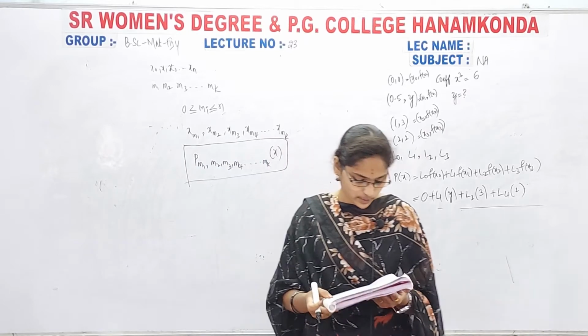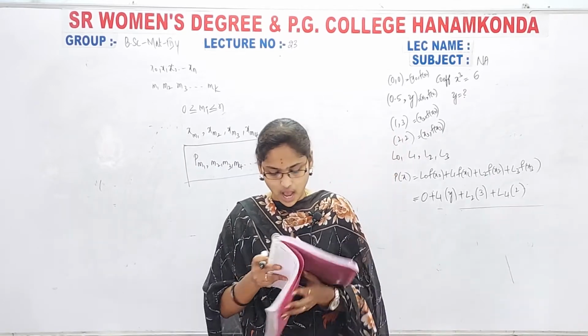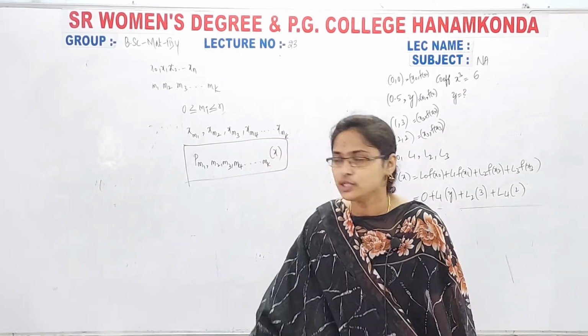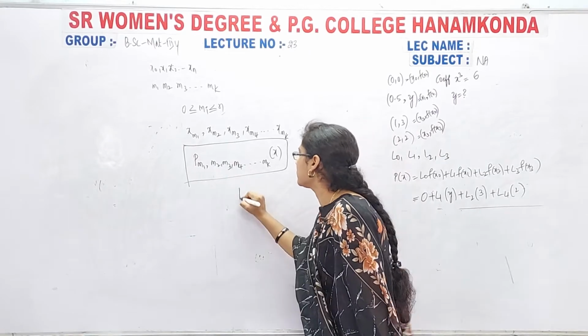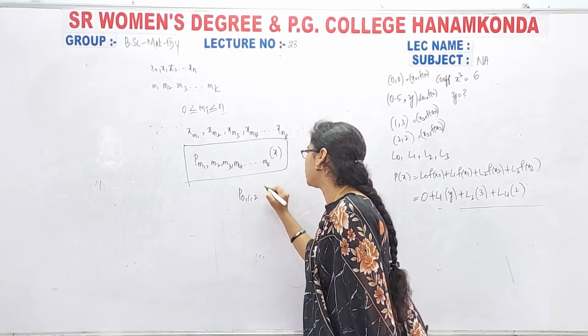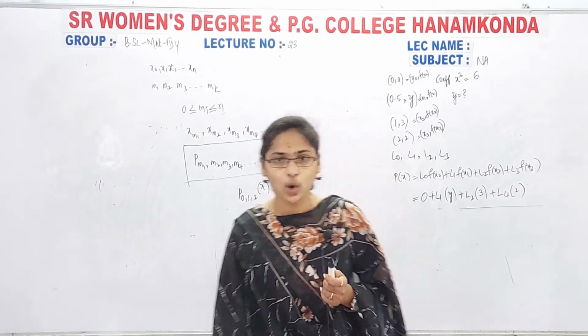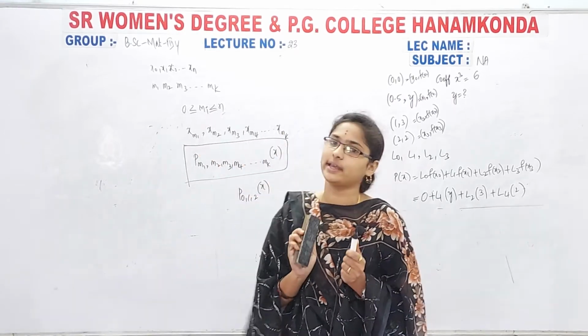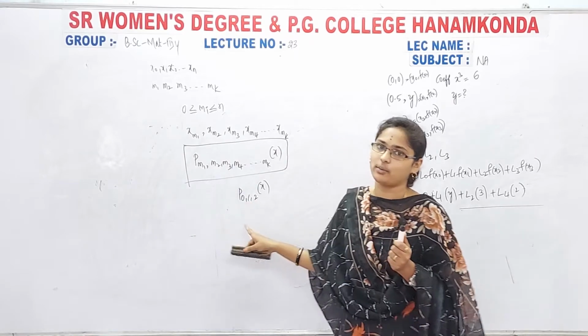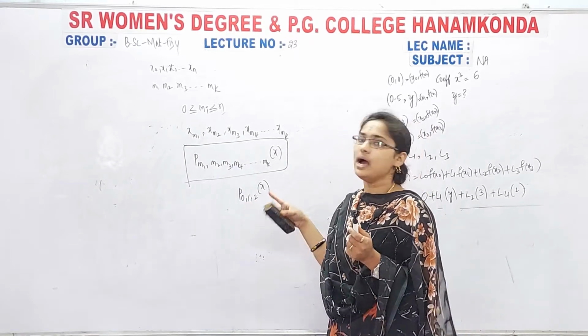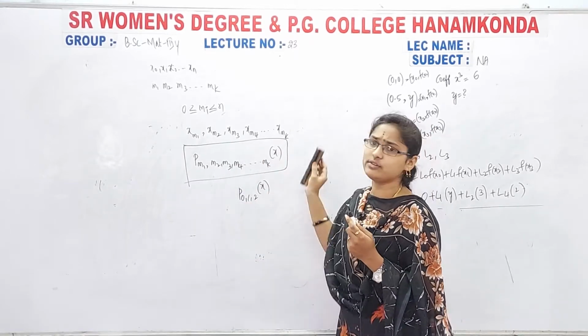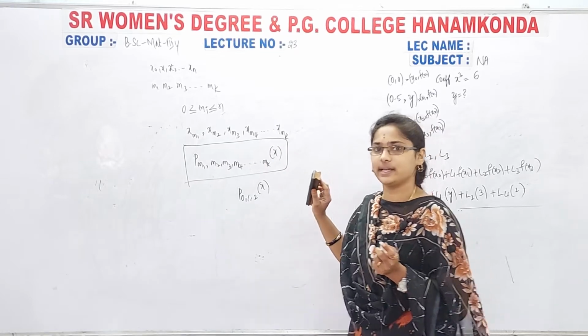So in Neville's method, we have to define how to denote the values, like P 0, 1, 2 of x. Like this we have to write the values. No problem, don't worry, I will give hints on how to remember the formulas related to this, and now we will discuss one table, by which you will get clarity.